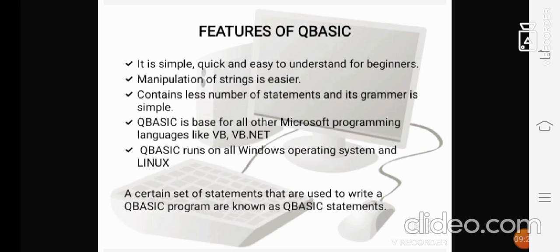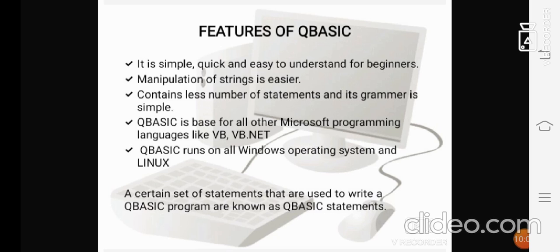It is very simple. QBasic is very simple, quick and easy to understand for beginners. Manipulation of strings is easier, it contains fewer statements, and its grammar is very simple. QBasic is the base for other Microsoft programming languages like VB and VB.NET.